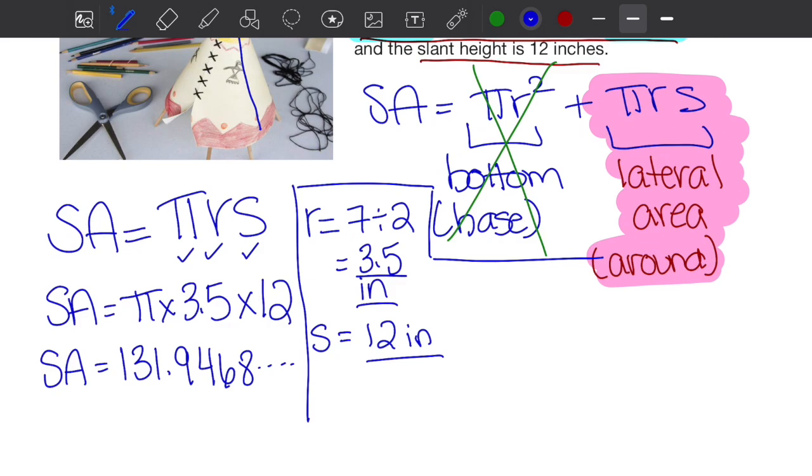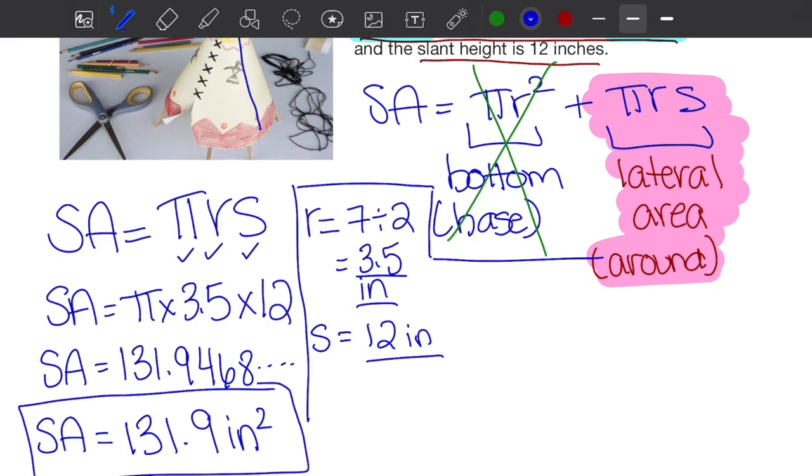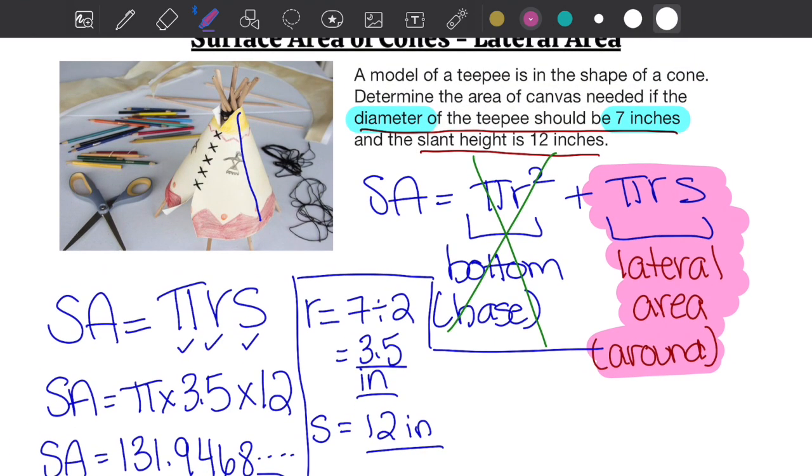This example doesn't tell me, so I'm just going to round to 1 decimal place. So the answer is going to be 131.9 square inches. Remember, we're working with area, so our units have to be squared. And this is how we calculated the lateral area of the canvas for this specific model.